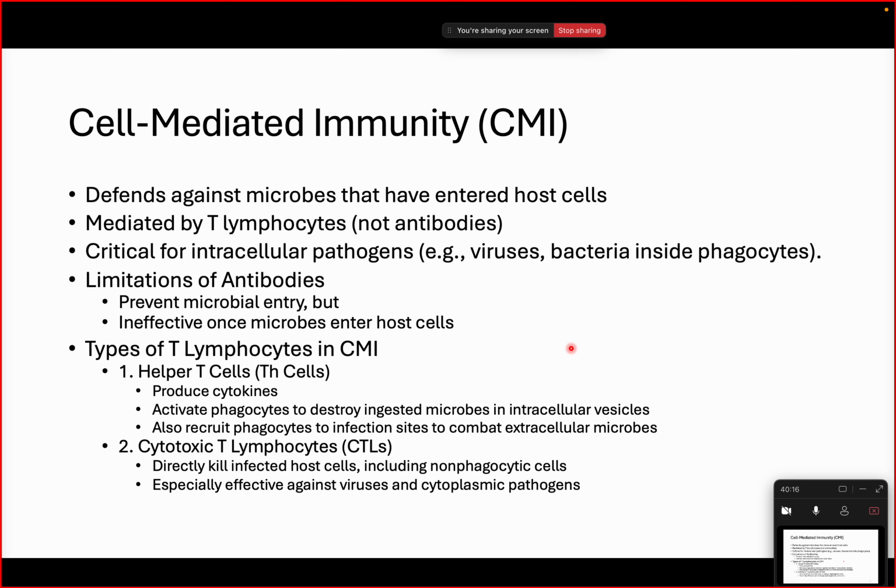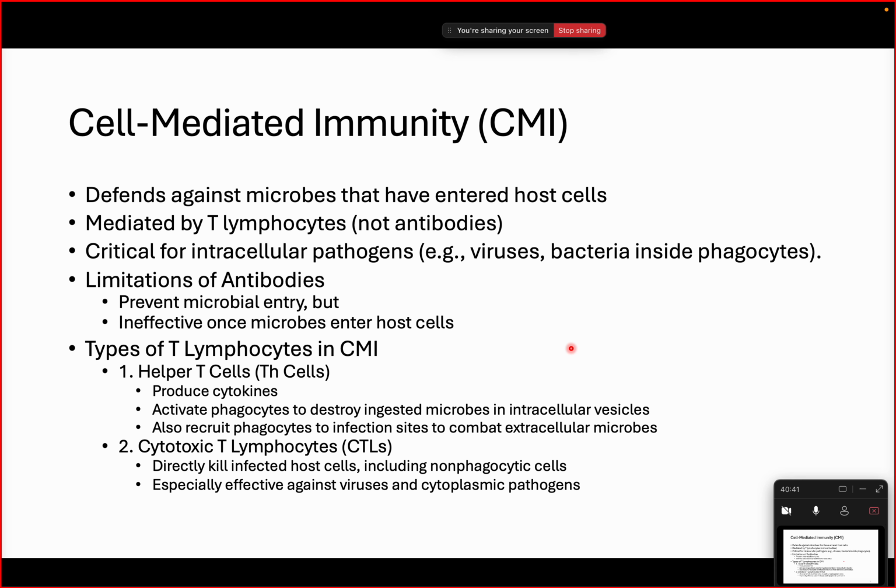Types of T lymphocytes in cell mediated immunity are helper T cells, commonly called Th cells, and cytotoxic T lymphocytes, or CTL cells. Helper T cells produce cytokines. They activate the phagocytes to destroy ingested microbes in intracellular vesicles.